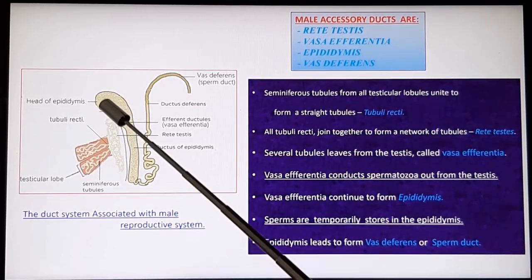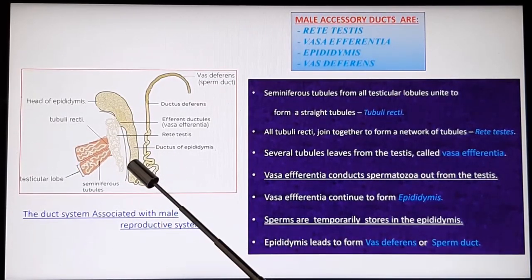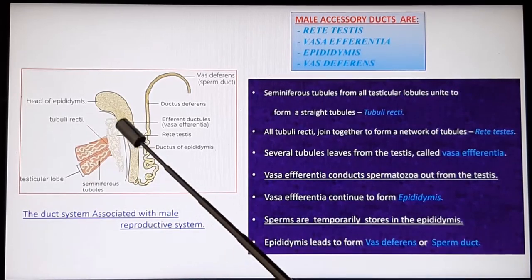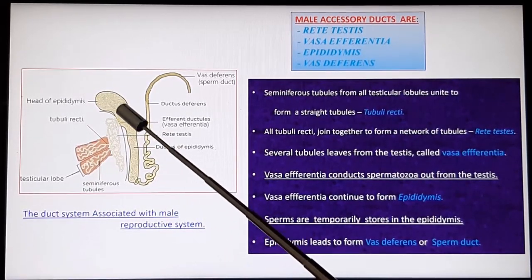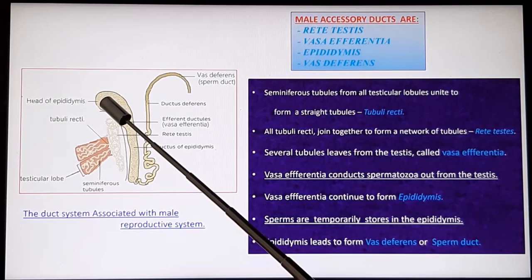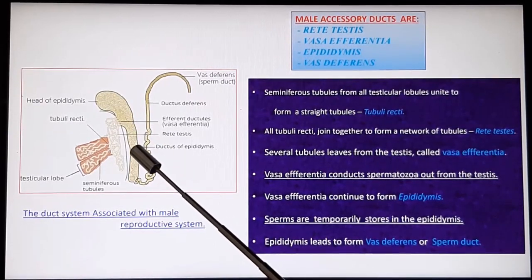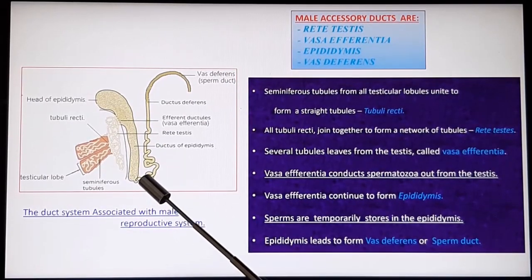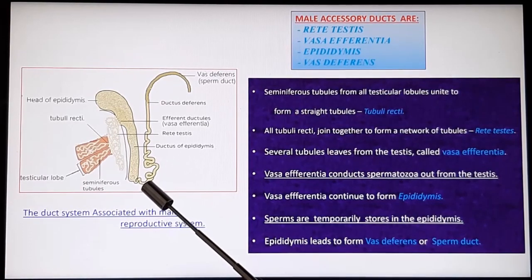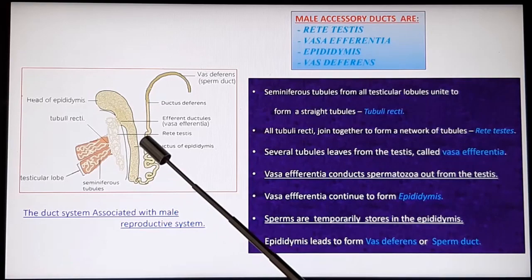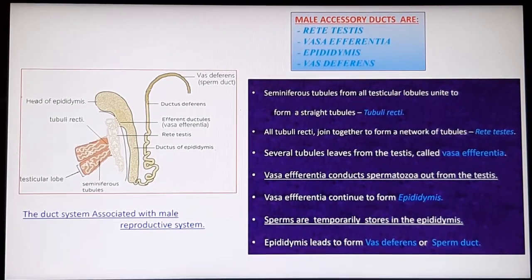And the next portion is the epididymis. Vasa efferentia continue to form the epididymis. This is the head of the epididymis and the body of the epididymis. And the tubular portion that continues to form from the epididymis is the vas deferens or sperm duct.